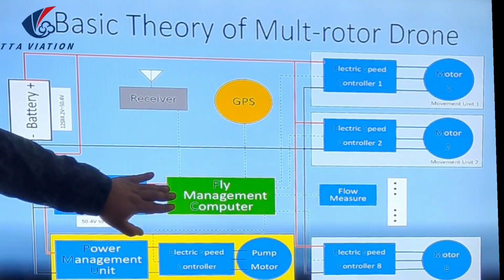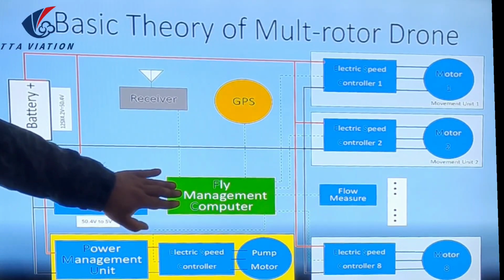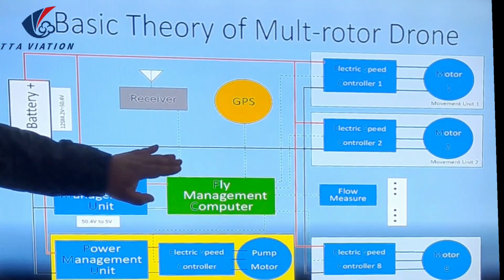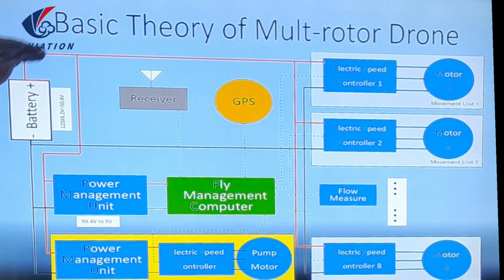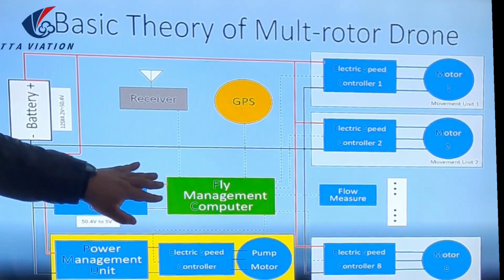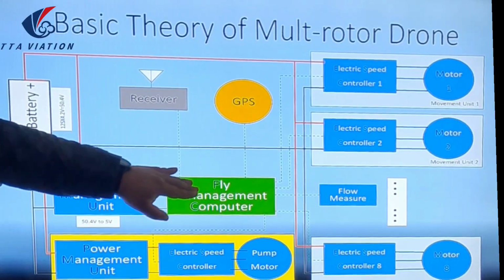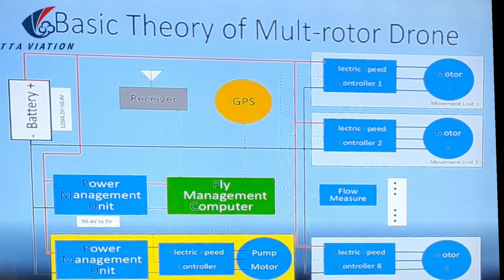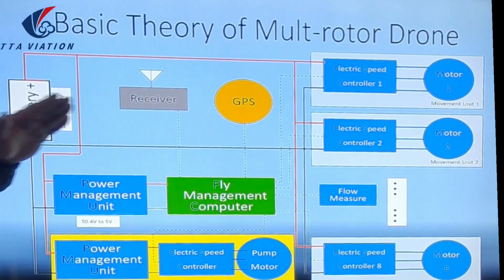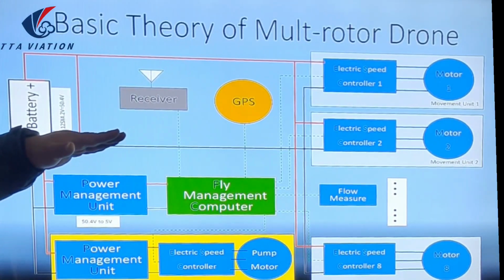I introduced this control unit's two important functions. One is to keep the drone's balance to make the drone fly in the air, and the second is to control the drone's location to keep the drone stay at one point or fly to our target point.